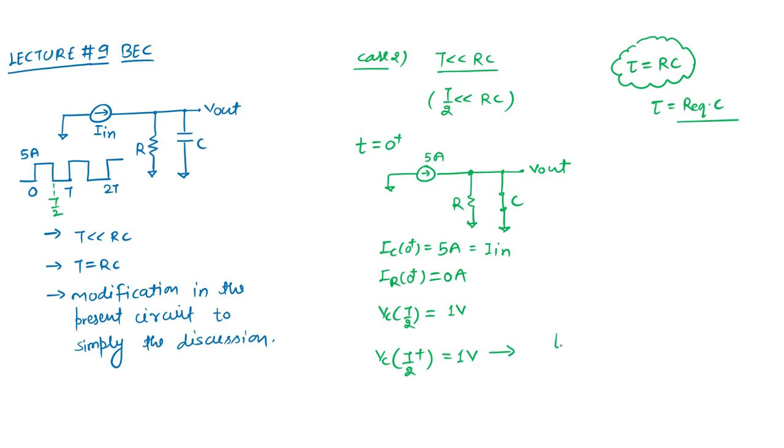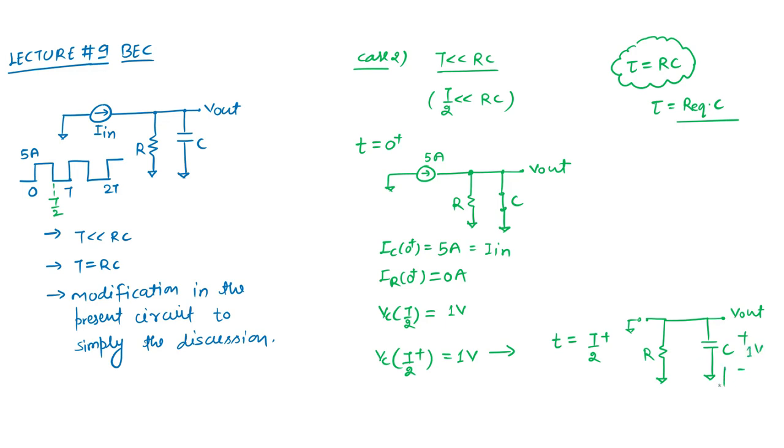The circuit for t equal to T by 2 plus: my input is removed, or my current source is simply 0, which means we are making the side open. But till this point, my capacitor has stored the value of 1 volt.